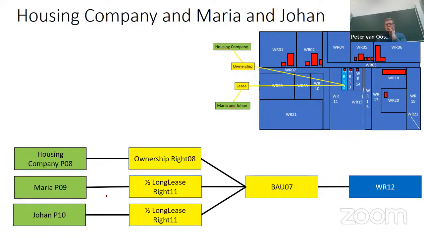You see that also the long lease rights can be split into halves to represent equal shares between Maria and Johan. So not only full ownership rights, but also other types of rights can be subdivided in shares. It's always important that the sum of the shares is 1, of course.